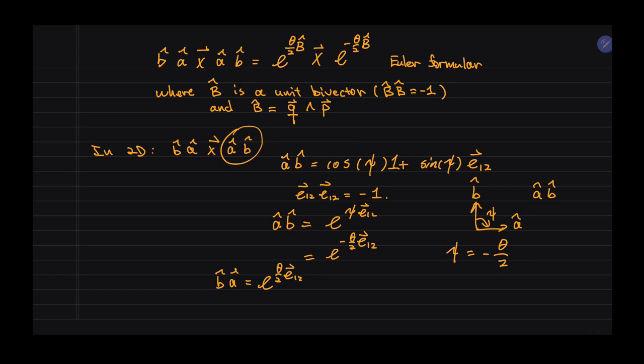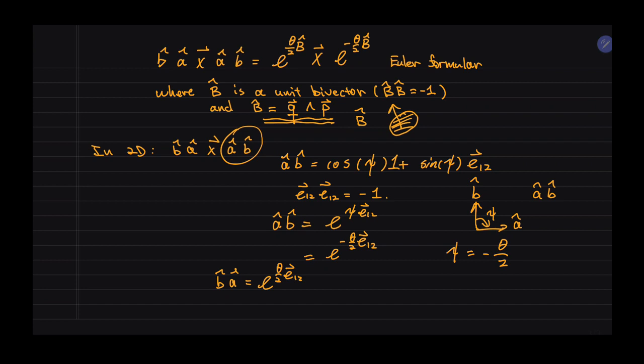So this is the case in 2D, and for the case in higher dimension, we also need to make sure this statement holds. And the philosophy behind this requirement that this bivector must be able to be generated by 2 vectors is that we need the bivector B to represent a rotation plane.